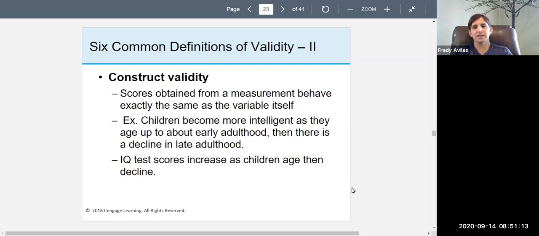And as they get older, you'll probably see that they know more, the IQ is higher, and then when they get much older, you'll probably see them score worse again, and it begins to decline. That means that the construct, your measurement, behaves the same way as the actual thing itself. That's construct validity. So it behaves the same way.